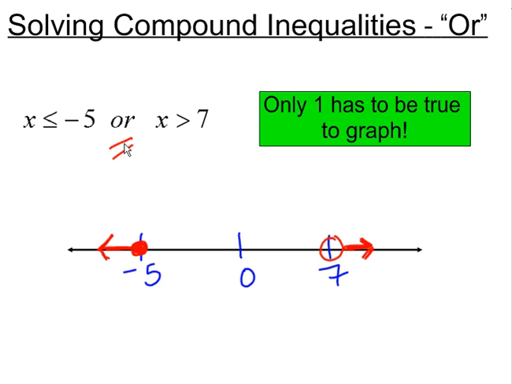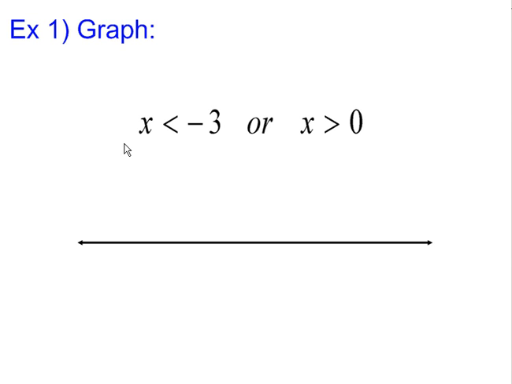So let's take a look at another graph here. And we have x is less than -3 or x is greater than 0. So let's put our numbers here. We've got 0 and we've got -3. Now normally we have 0 and another number, but 0 happens to be our number we're using, so that's okay. We're going to put open circles at both of them, because that's what they're saying here.